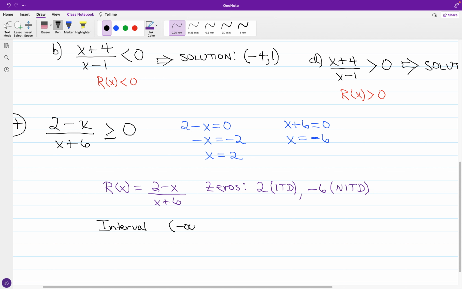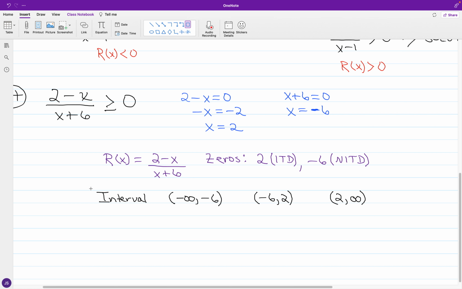So the first interval will be those values of x less than -6. And then we have those values of x between but not including -6 and 2. And for the remainder, we have those values of x which will be greater than 2.